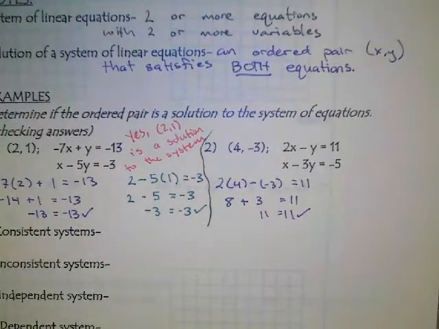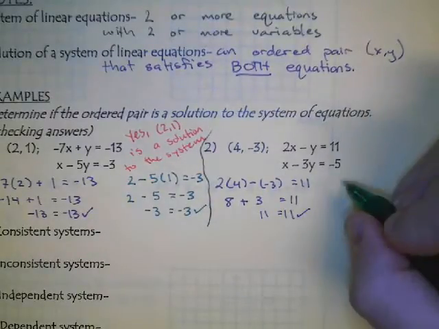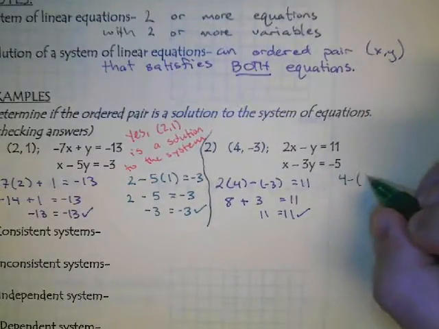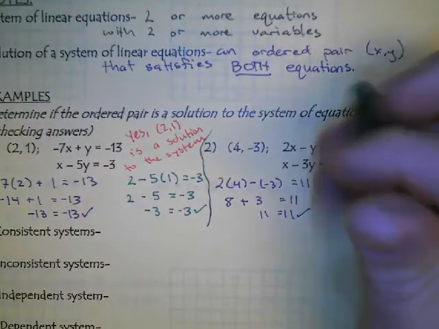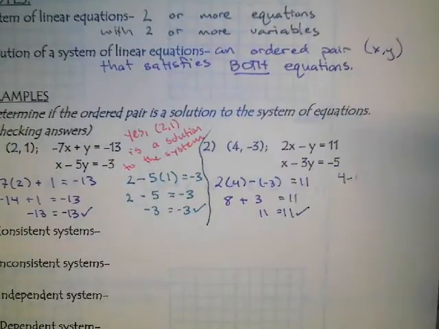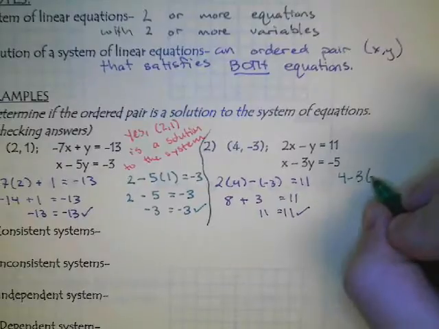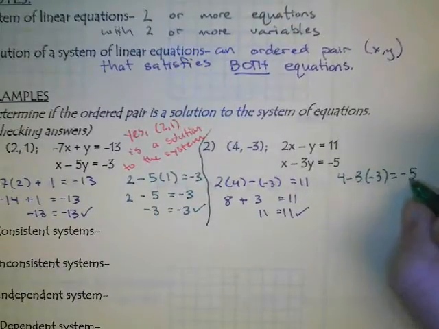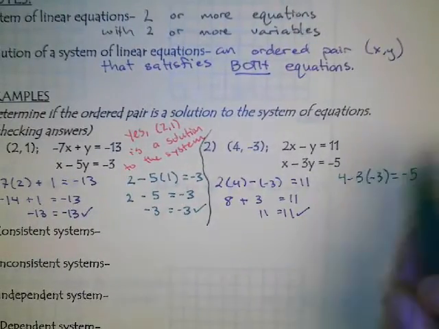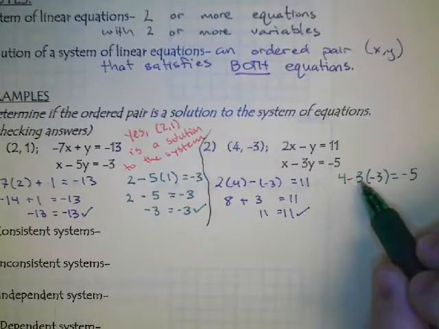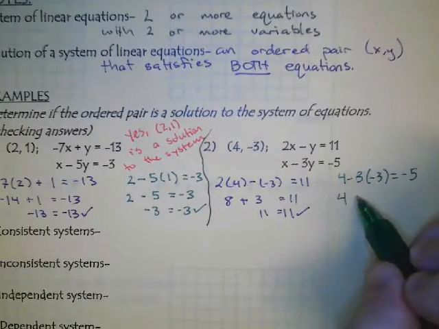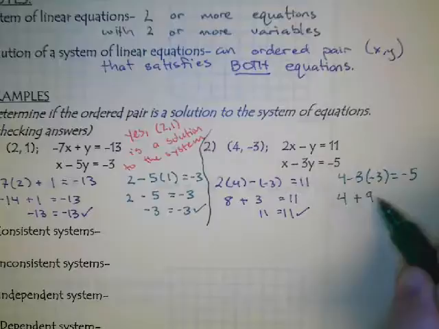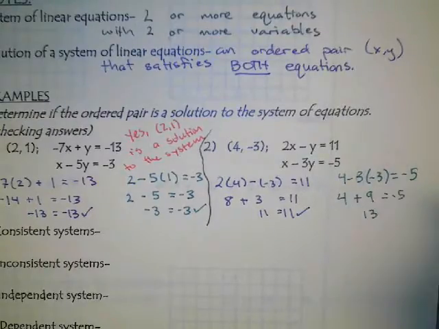So let us check the other equation, plugging in, and I get 4 minus 3 times negative 3 is equal to negative 5. So we have 4 with a minus 3 times negative 3, so it becomes 4 plus 9 equals negative 5, and we get 13, which does not equal negative 5, so that one did not work.